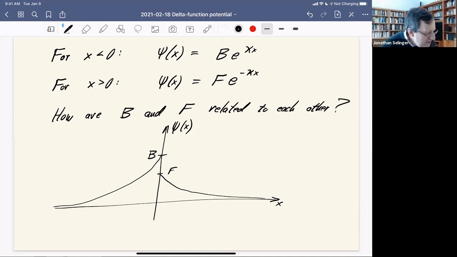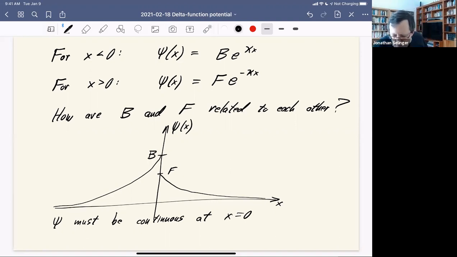But the point is that psi must be continuous at x equals 0. Okay, you can't just have a jump in psi like this. Okay, why not? Well, because Schrodinger's equation involves the derivative of psi.